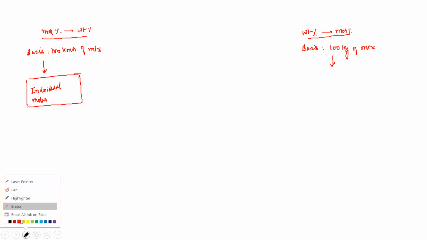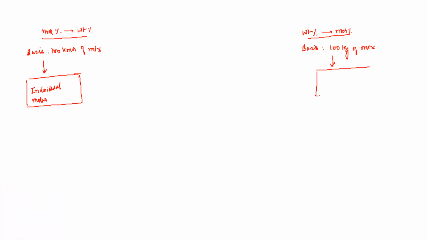Then from individual moles, you can get individual mass by multiplying moles with the molecular weight.